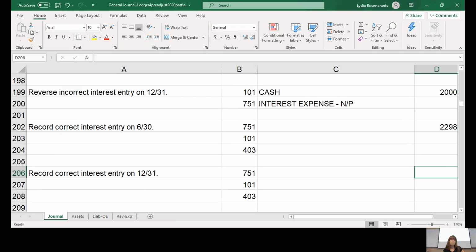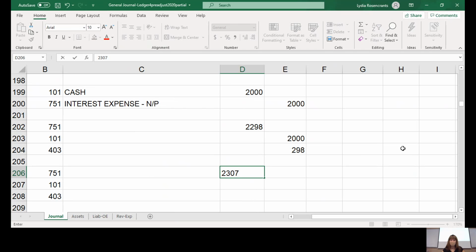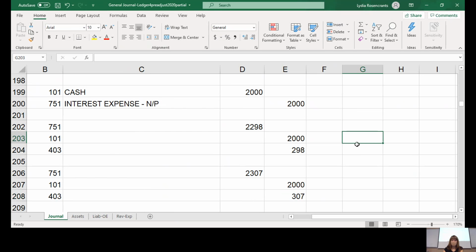But it's not for $22.98 this time. It is for $23.07 is the second interest expense there. $2,307. Process.